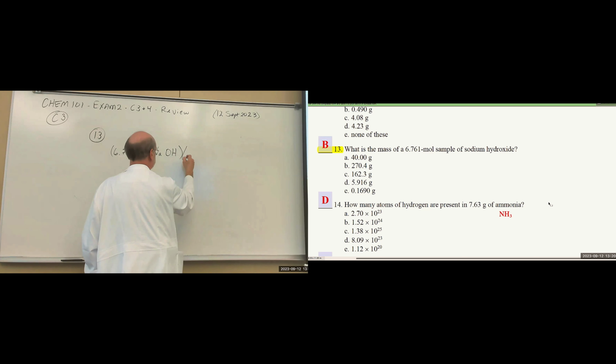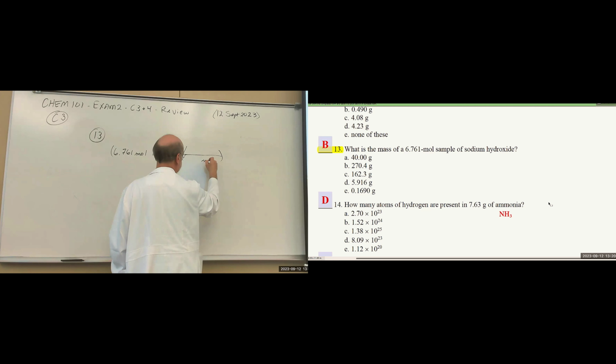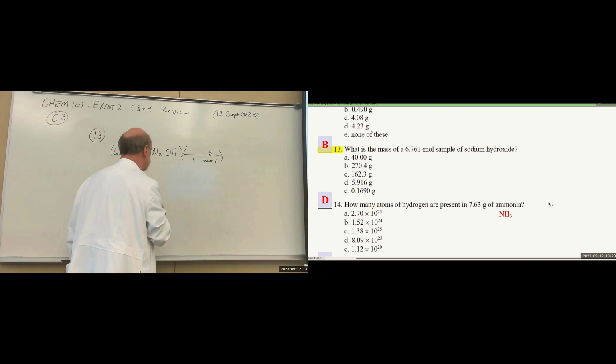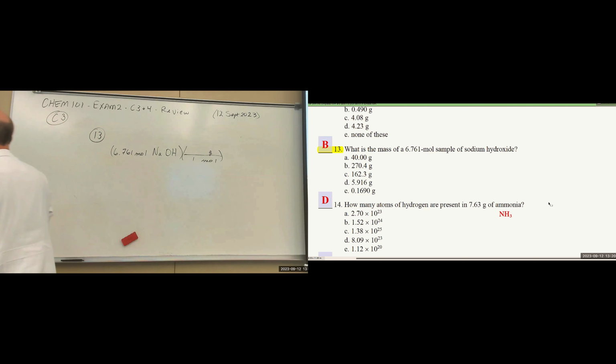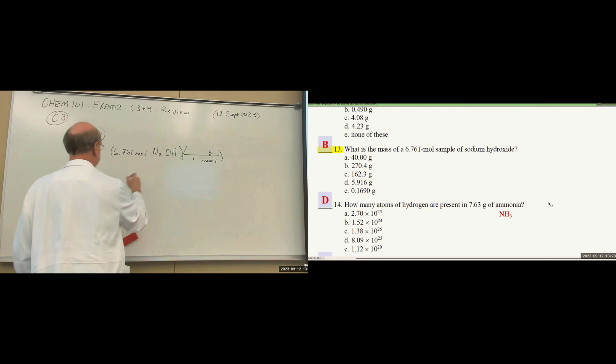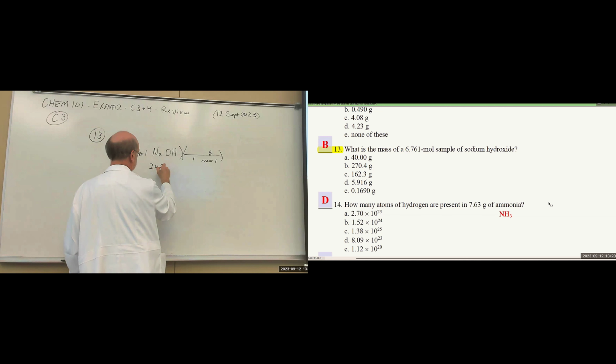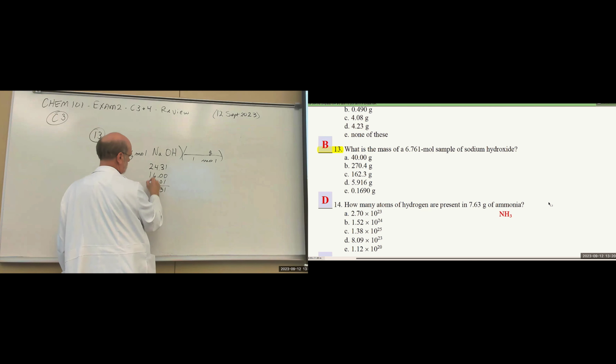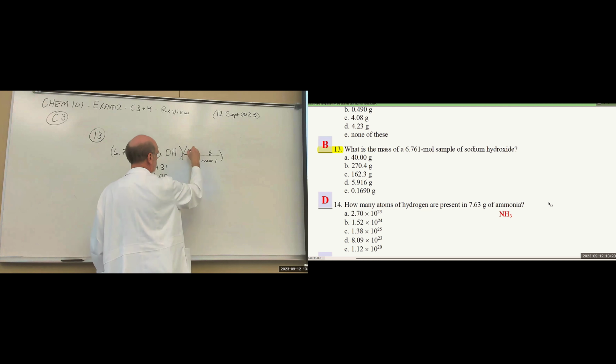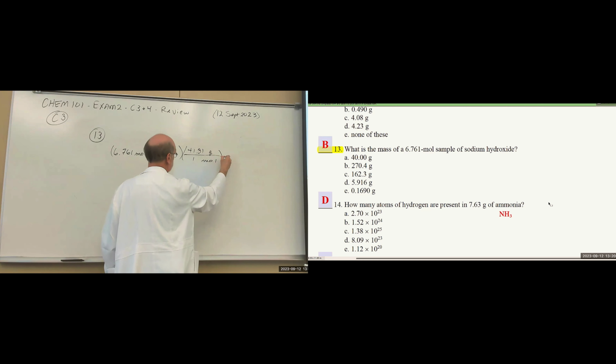What's the mass? We just need to cancel the moles and leave us with grams. So the molar mass of sodium hydroxide: sodium is 24.31, oxygen 16, hydrogen 1.01. That's 41.31.